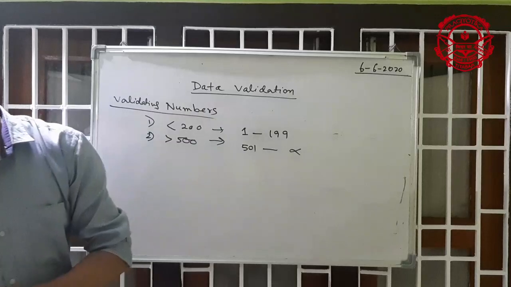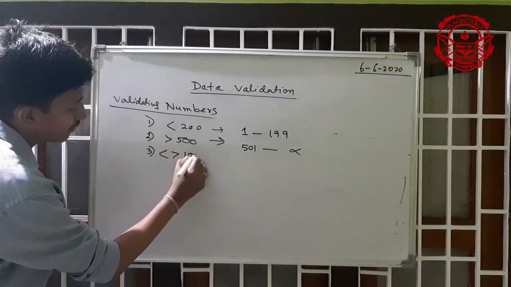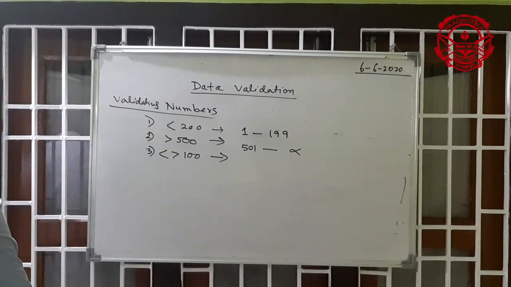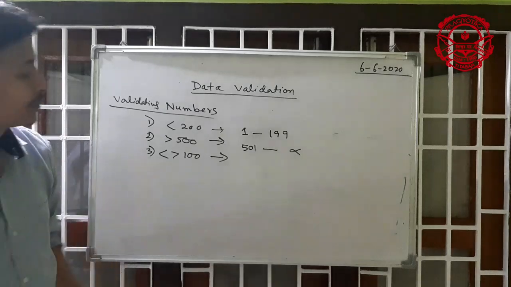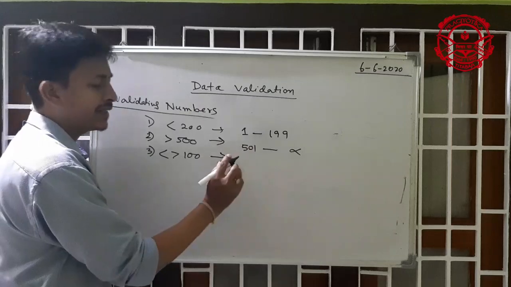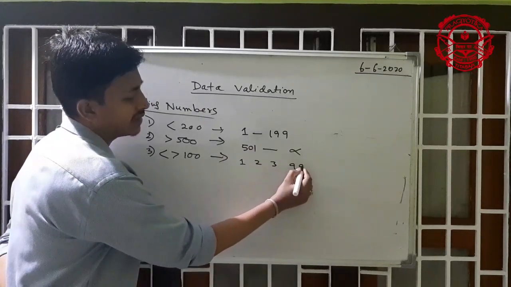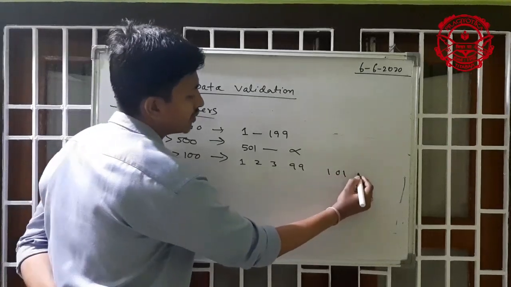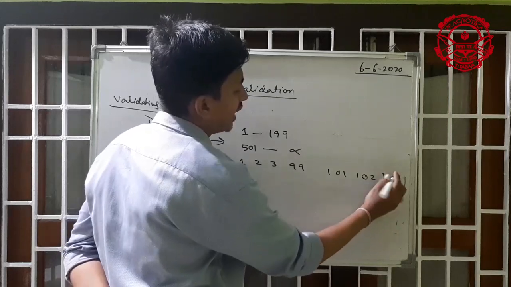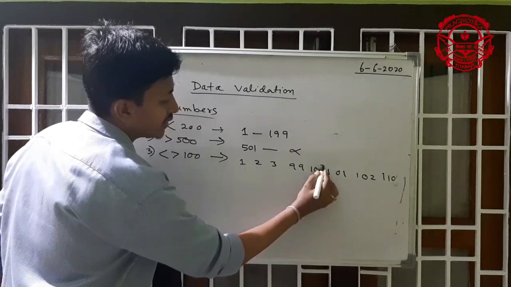Next is number 3. The value can be anything except 100, meaning not equal to 100. It can be 1, 2, 3, 99, 101, 102, 1010, anything, but not 100.